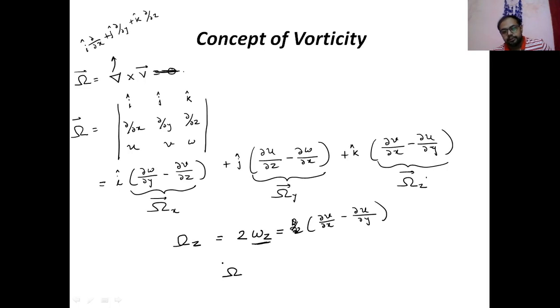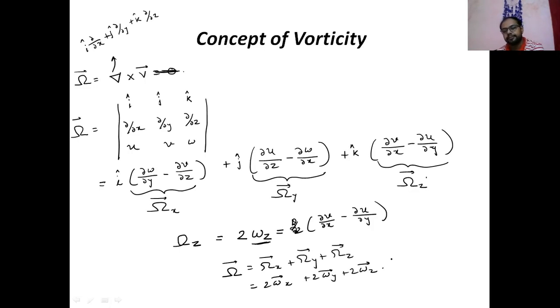So this value is nothing but 2 omega x, angular velocity about x-axis, angular velocity about y-axis, angular velocity about z-axis.